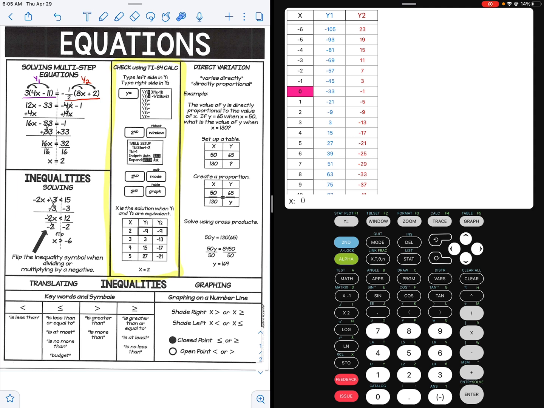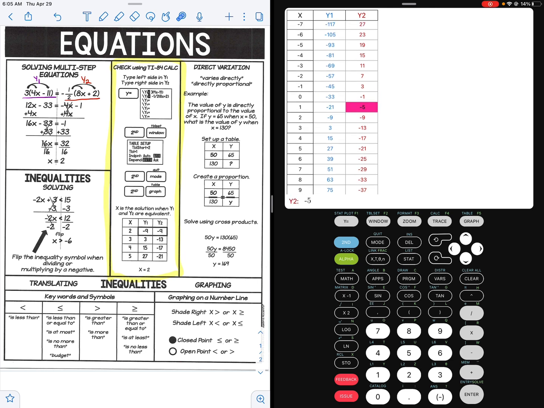When we start at 0, what we're seeing is negative 33 and negative 1 for our y1 and y2 when x is 0. What we're looking for is when the two equations are equal.